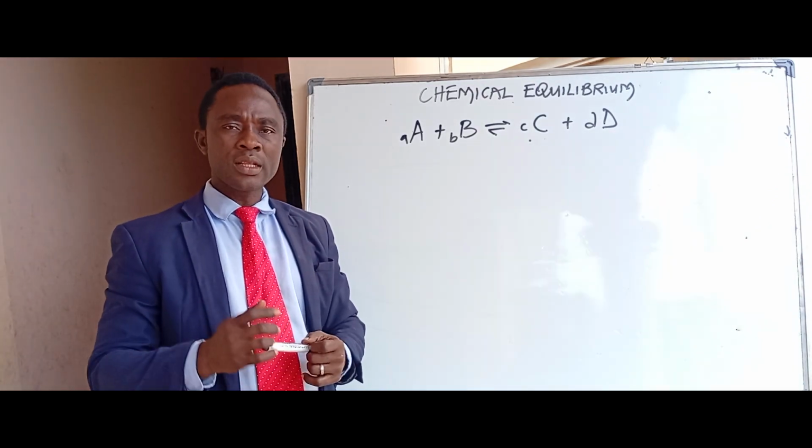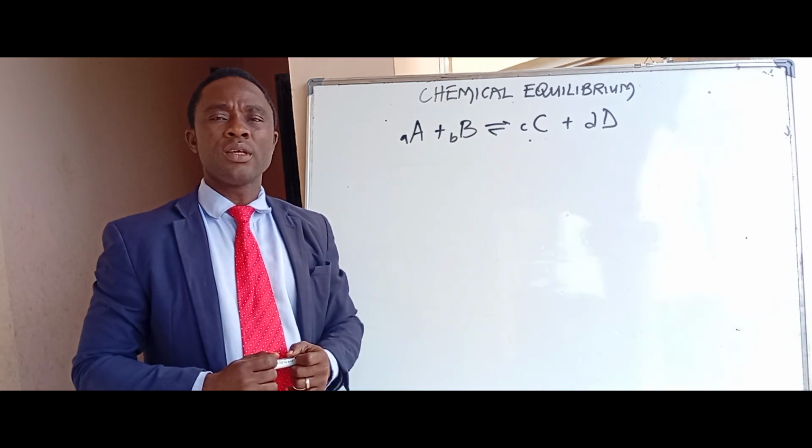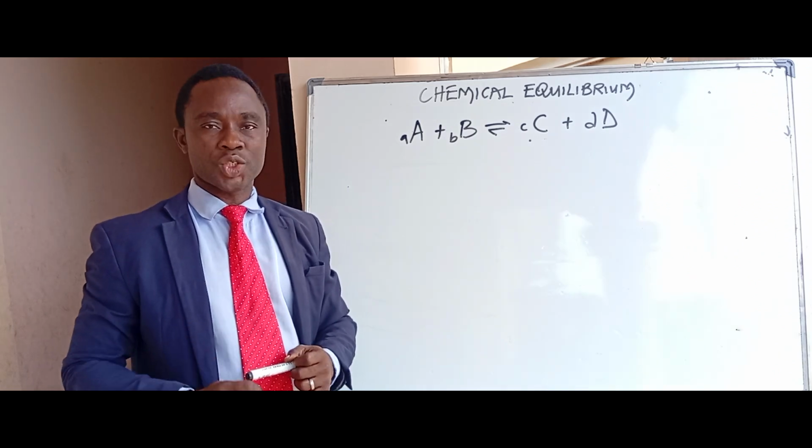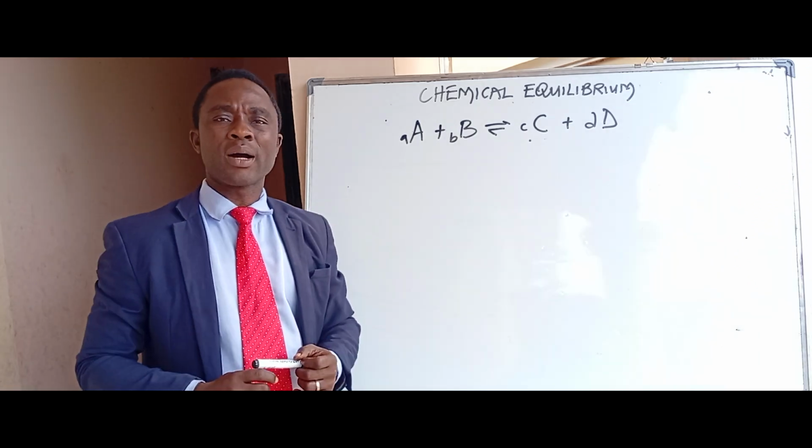Now, if we consider this reaction, we can actually derive the law of mass action for this reaction. The law of chemical equilibrium is known as the law of mass action. Now, what is the law of mass action?